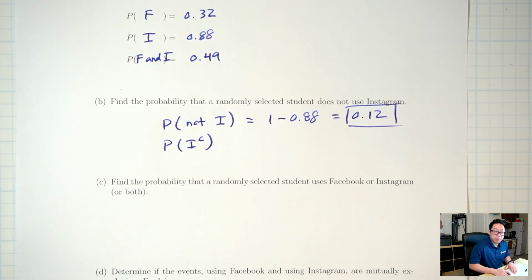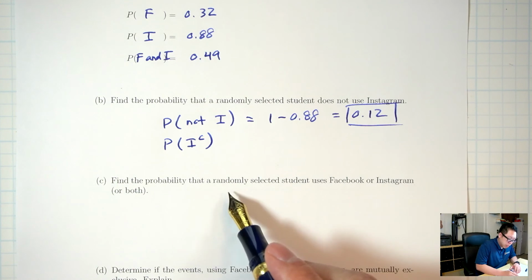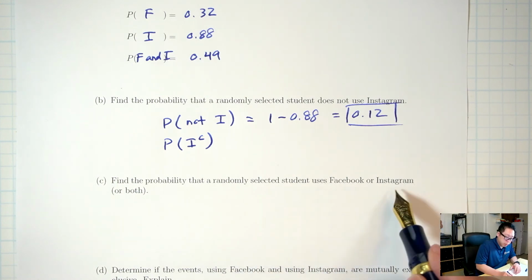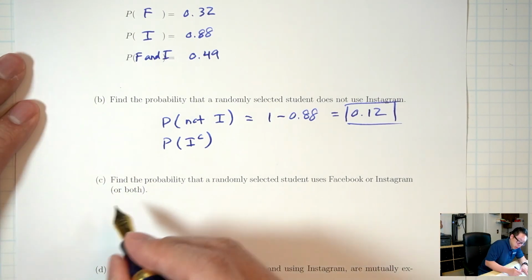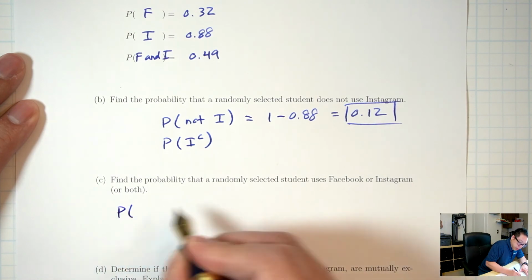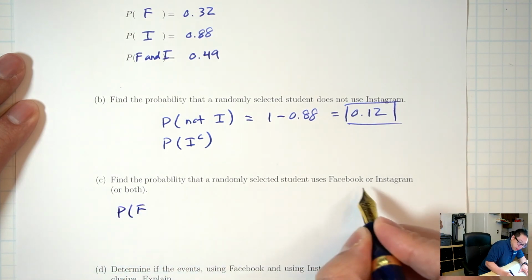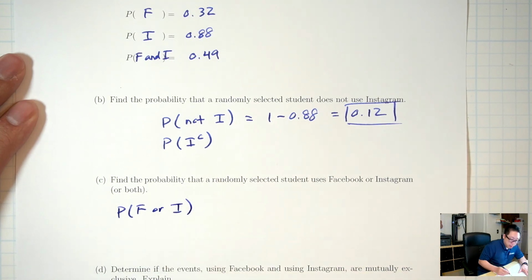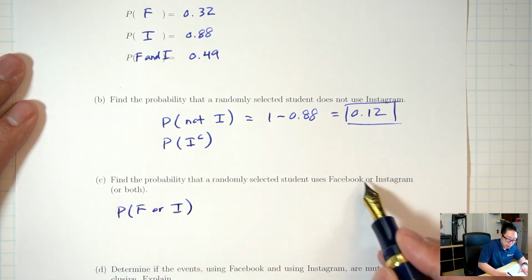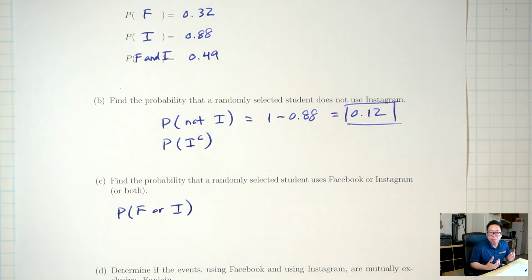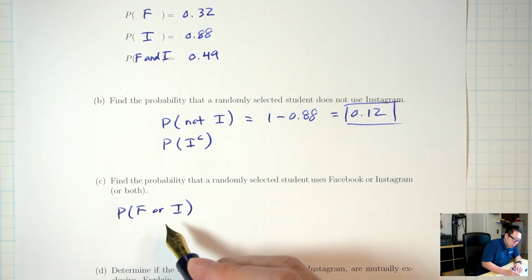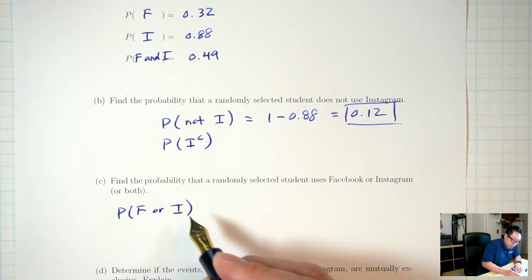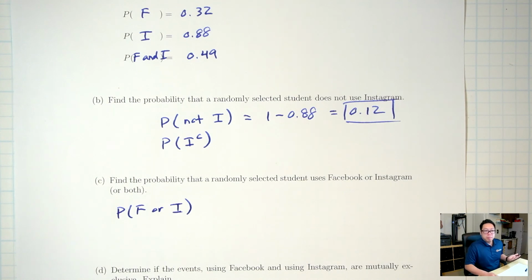Part C, find the probability that a randomly selected student uses Facebook or Instagram. So what I'm looking for here is probability of F or I. Okay, the or both is in parentheses because the word or includes both already in it. So we're looking for P of F or I. We have no choice here but to use the formula, the addition rule.